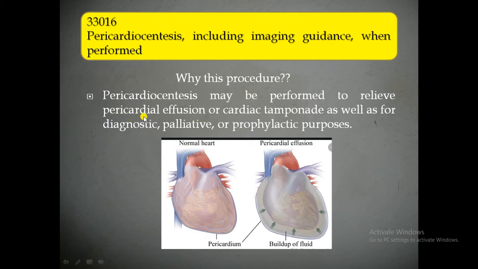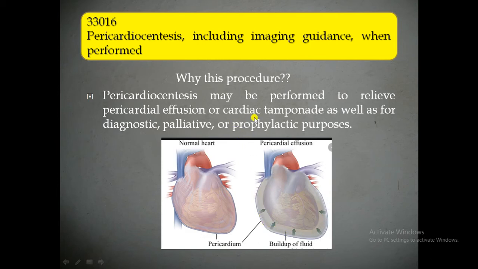What is pericardial effusion? It's the accumulation of fluid in the cavity. This is a normal heart. See, this is the pericardium. The pericardial effusion patients will have a heart like this, with a buildup of fluid around the pericardium. Here you can see in the pericardium the fluid gets built up like this.